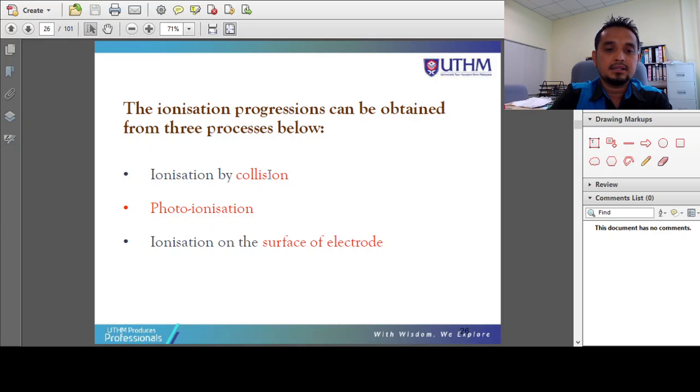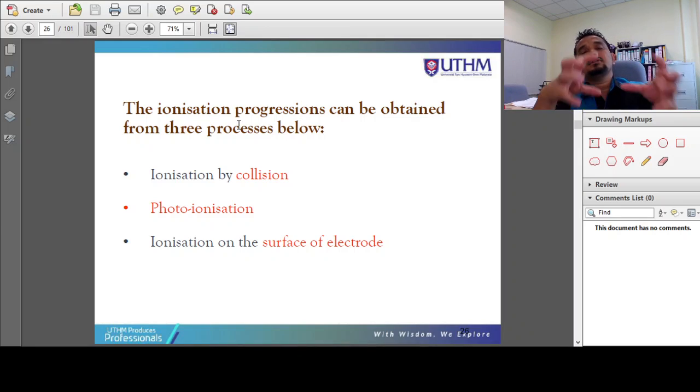There are three main categories: ionization by collisions, as I explained before briefly; photoionization, which means the radiation from the radiance; and the ionization on the surface of the electrode. We are going to discuss these three main processes of how the ionization can progress.